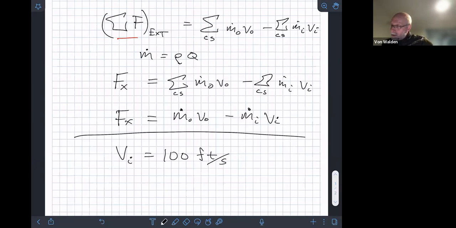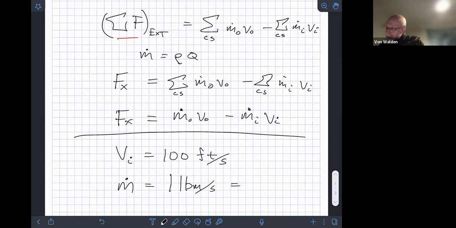We also know from the statement of the problem that the mass flow rate through the whole system is equal to 1 lbm per second.